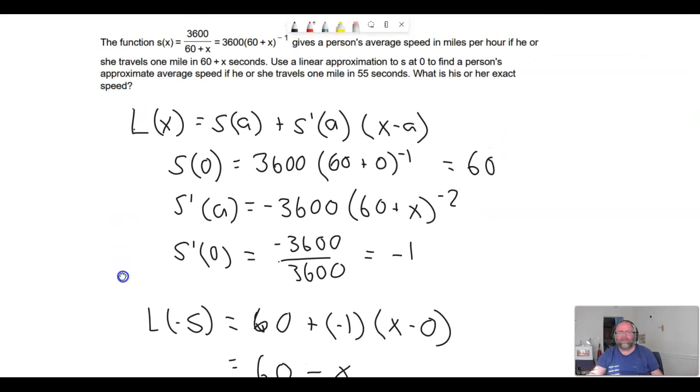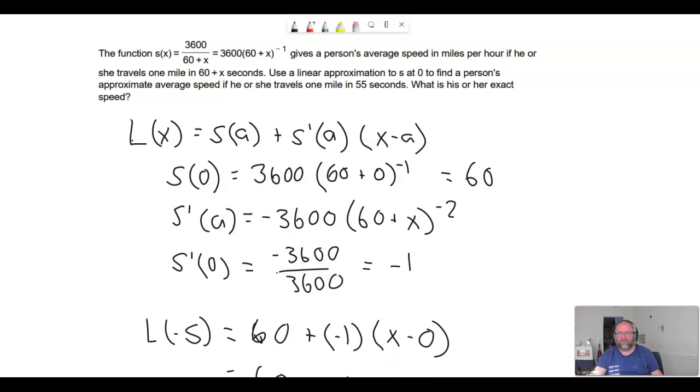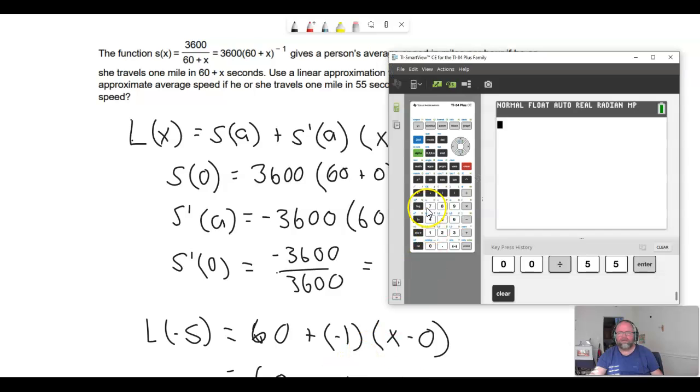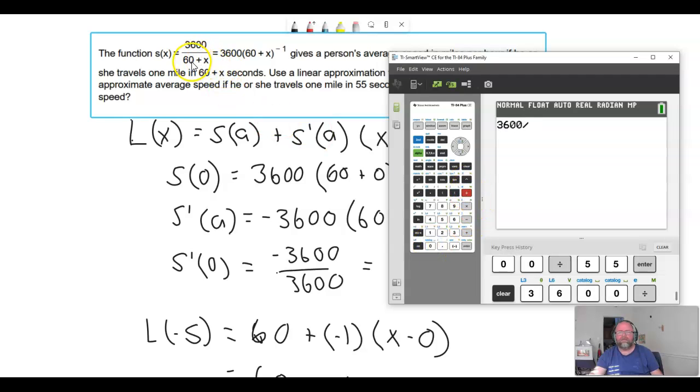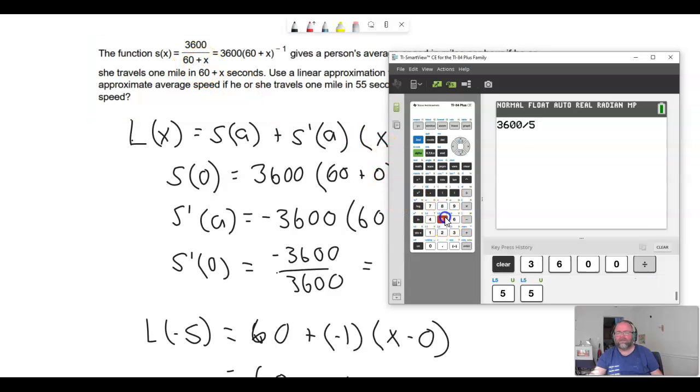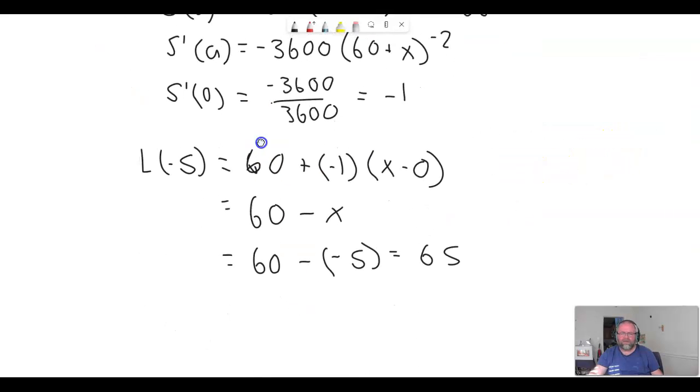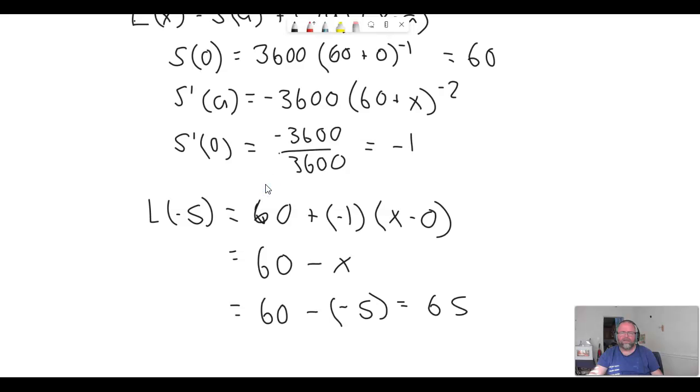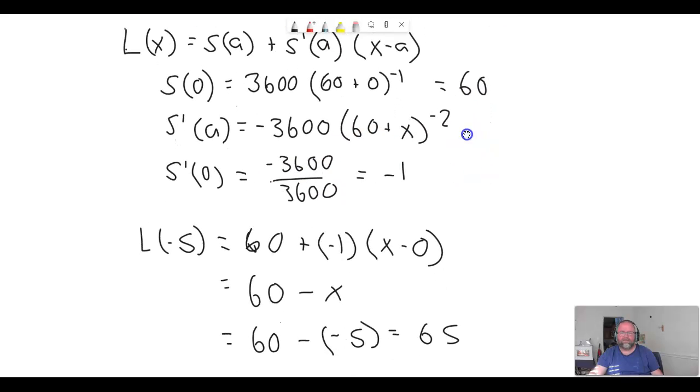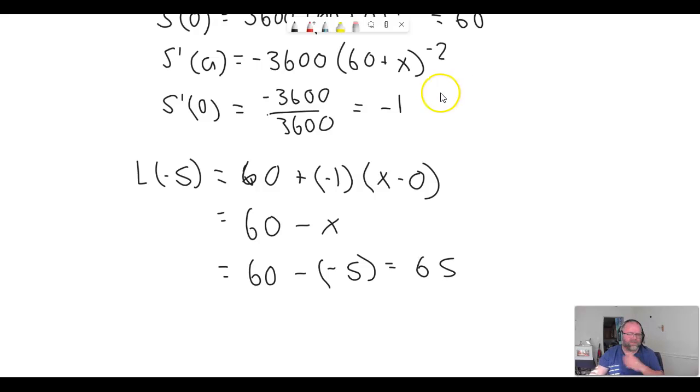So if we stick that into our calculator, we do 3600 divided by 60 plus -5, so that's 55, and you get 65.4545 repeating. So that means that we were pretty close with our linear approximation there. If you have any questions, please let me know, and I hope you have a great rest of your weekend. Thanks.